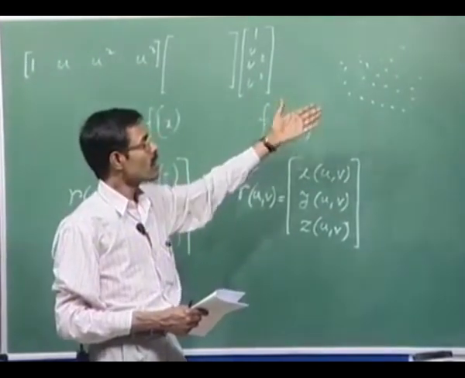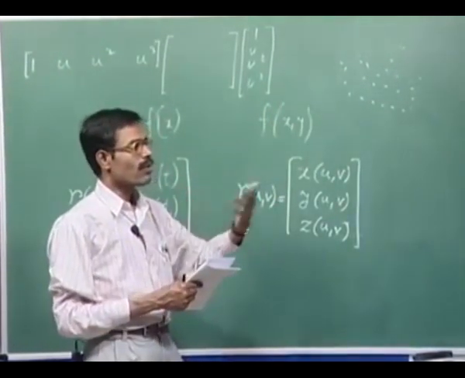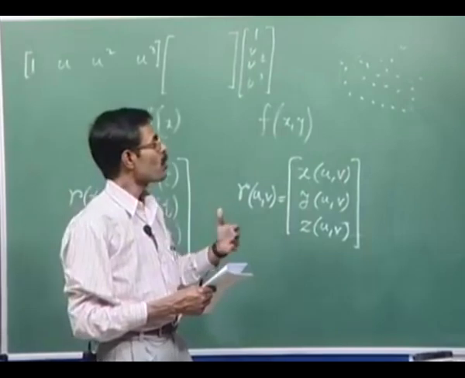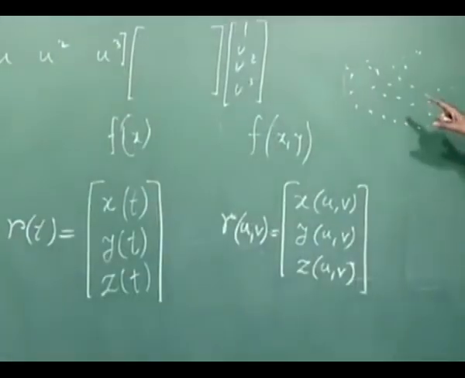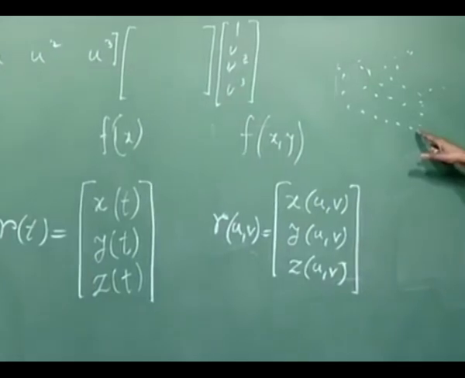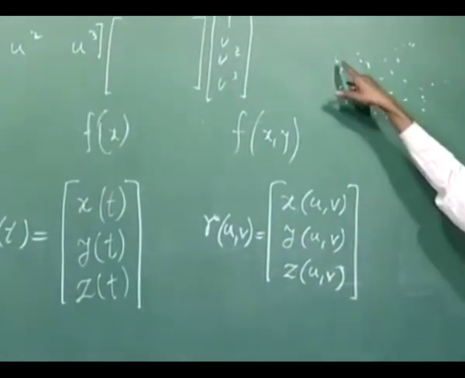So, this way you can do a lot of curve and surface modeling with the help of these kinds of interpolatory formulas. For this particular problem, you can also do a bicubic approximation based on the function values and their derivatives at the endpoints.